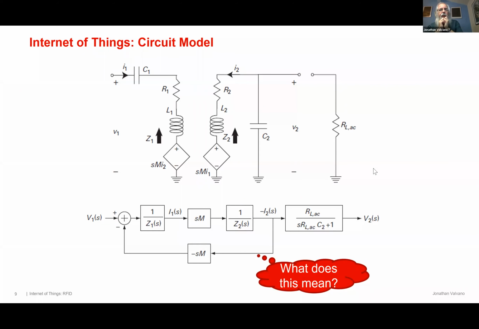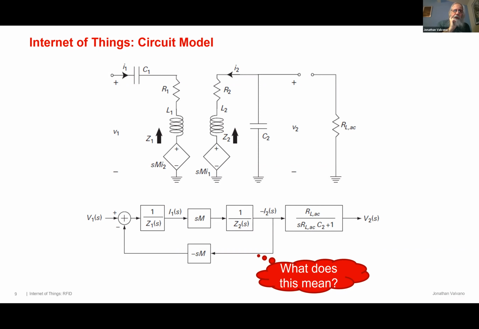Okay, so this is the simple circuit model for two coils coupled together. I1 is the primary current that you're driving into your primary coil. All the ones here are the circuits on the reader, and all the 2s are the parameters on the embedded device.